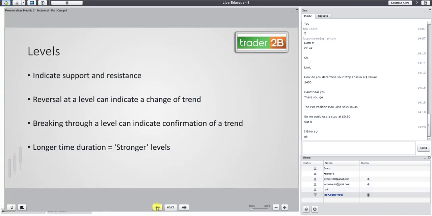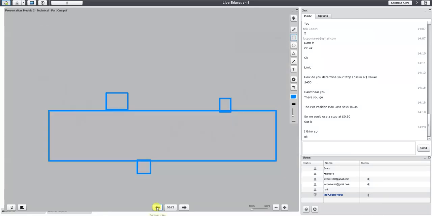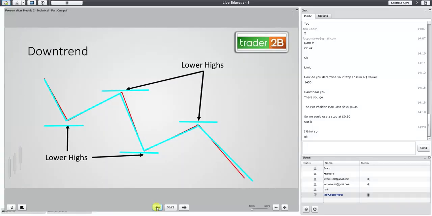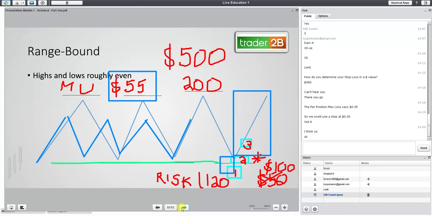And so a point of control, let's see if I have an example of a point of control here. A point of control is very similar to a sideways ranging market. If you take a look here, when you're looking at a chart where a lot of the candles are just ranging sideways like this, that typically refers to not only a sideways ranging market, but a point of control within the market as well.